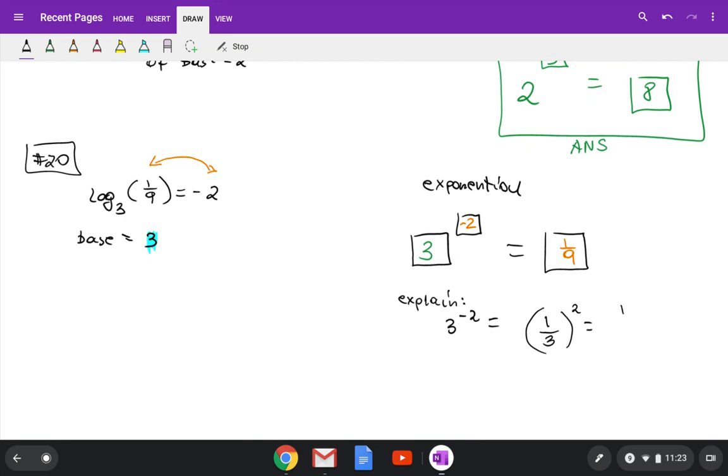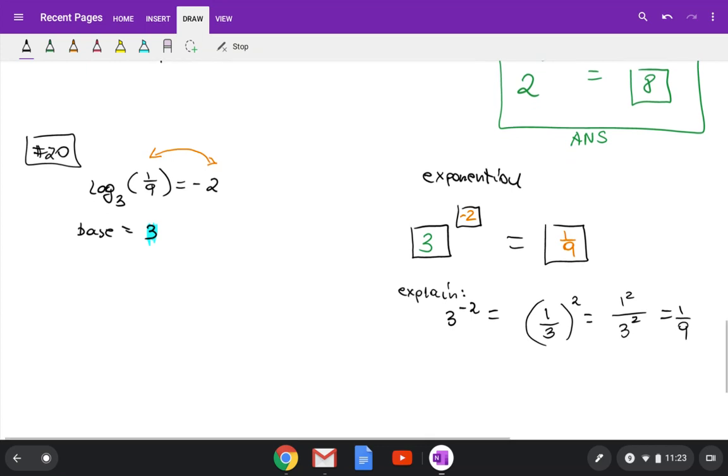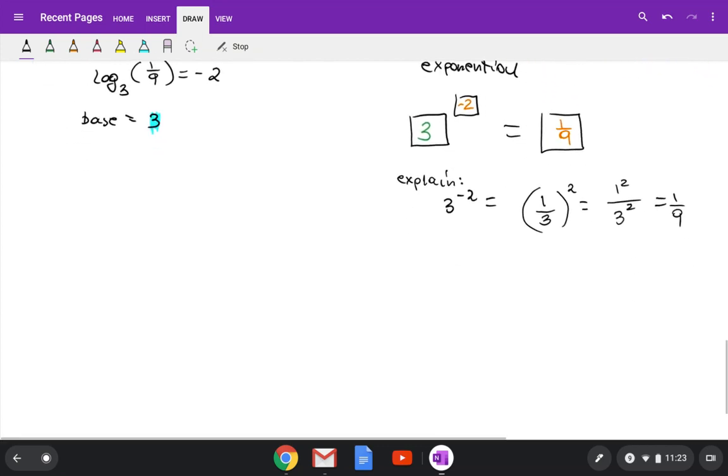So you're getting 1 to the second power over 3 to the second power, which is 1 over 9. And that's what we end up with. So always when you're changing, especially at the beginning, make sure that the exponential equation you create makes sense and is correct.